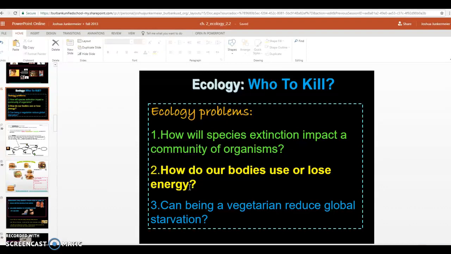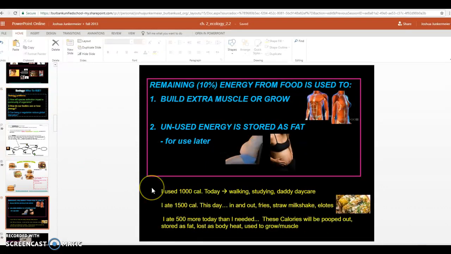Today we're going to learn some new vocab to describe these organisms and how much energy they get in nature. And then finally, we want to start thinking about if being a vegetarian might reduce global starvation. As we move forward, hopefully we'll learn more information so we feel more comfortable trying to answer these questions. But just remember, these are our three goals, learning more about these three mysteries or scientific problems.